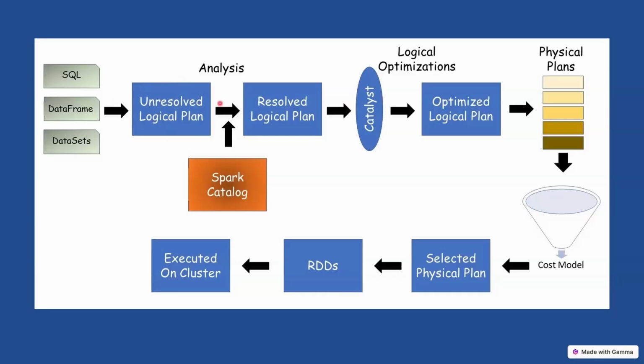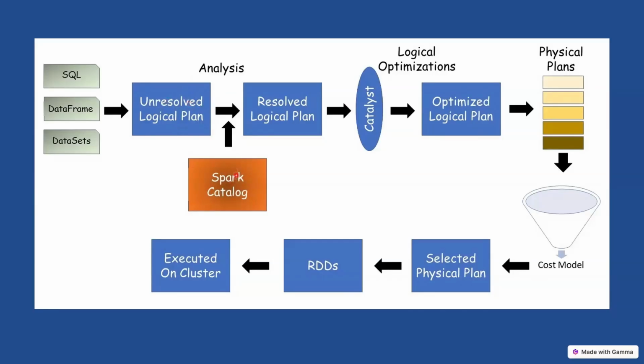So first of all, it creates the plan in such a way that it doesn't know anything about that table's location or the type of schema it has. It just creates one logical plan: okay, these are all the tables I need to point to, or the CSV file I need to point to. And then what happens?